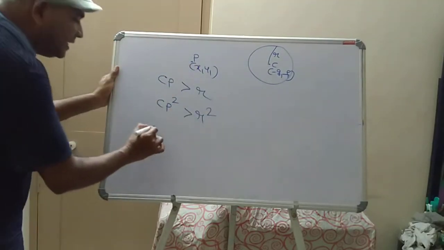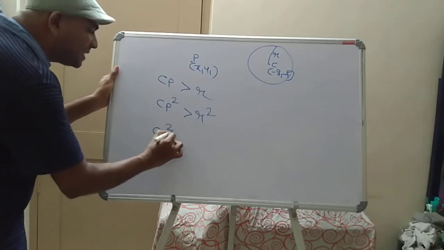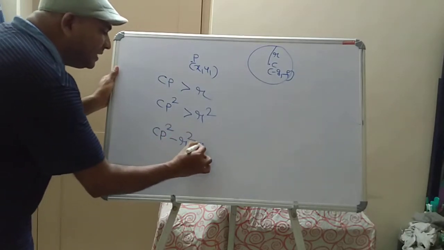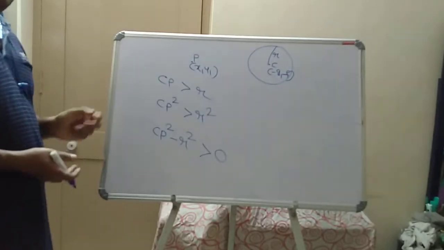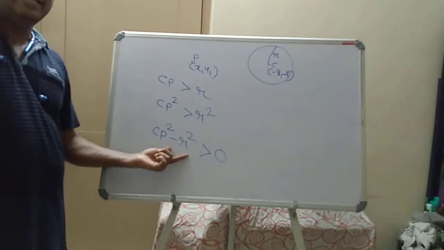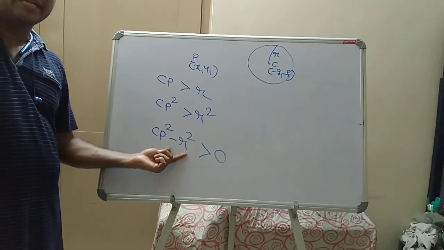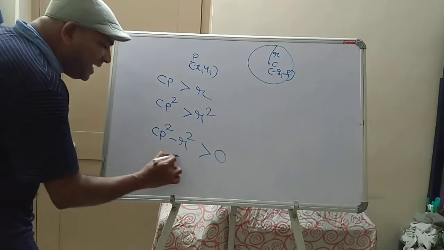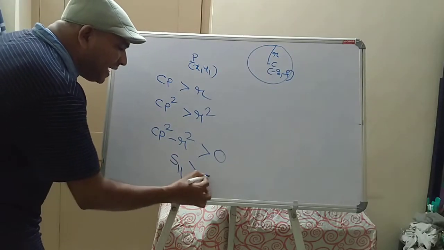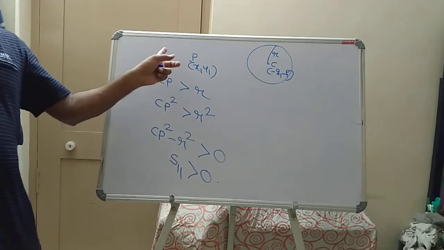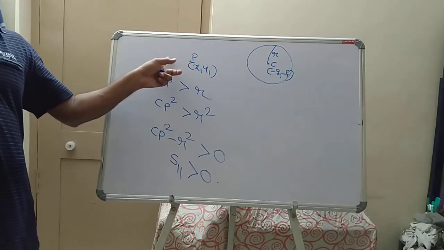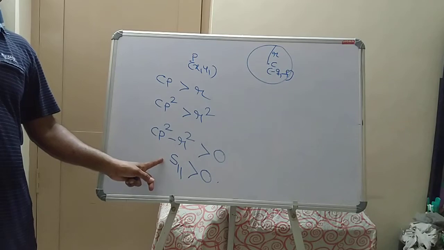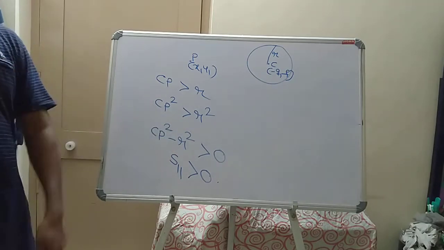That means CP² - R² > 0. By expanding, CP² - R² = S11. So S11 > 0. So the point lies outside the circle when S11 > 0.